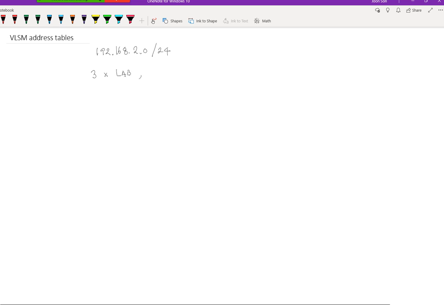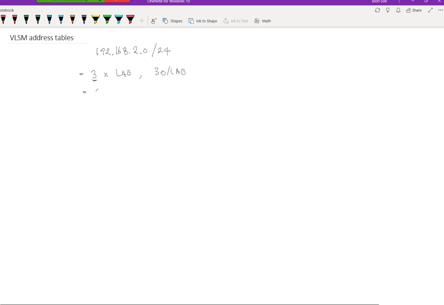And each of them is what? 30 computers. 30 computers for each lab, but how many of them do we need? We need 3 of them. And what is given? 48 classrooms with 1 computer each that will comprise a single subnet.